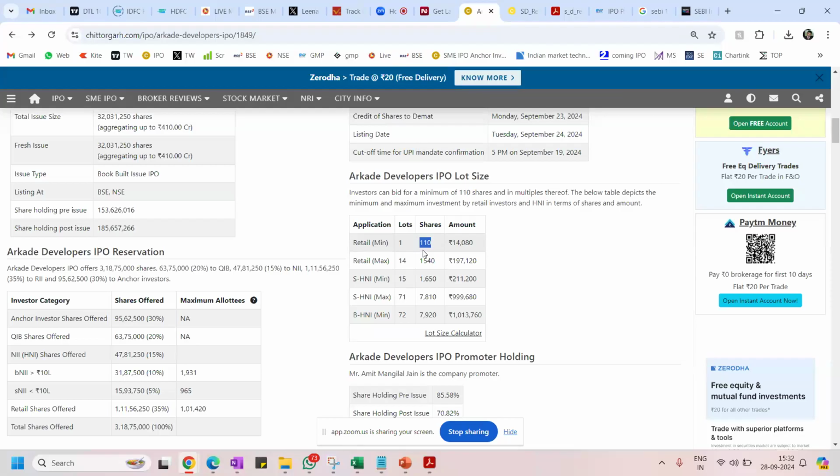They'll not get a single share more. Those who applied from 15 lots to 71 lots, they will get 1650 shares only. And those who applied from 70 lots to whatever, they'll only get 7920 shares only. They'll not get a single share more.